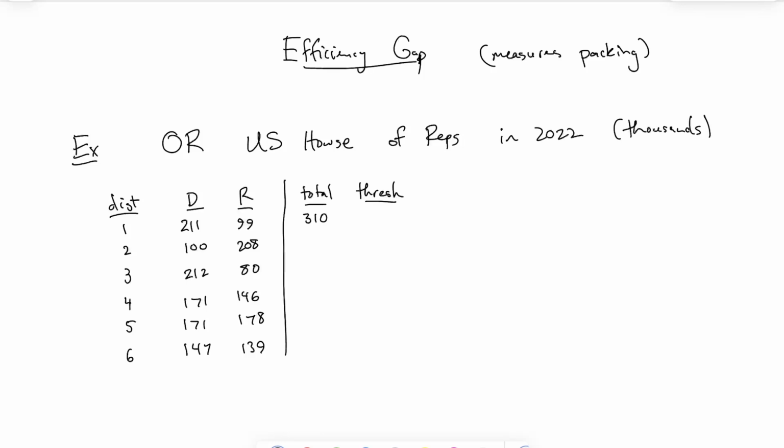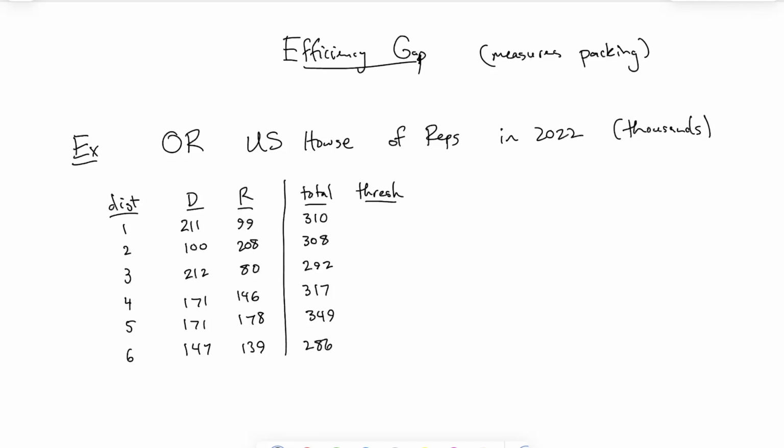On our tests or something, I will give them as simple numbers, although this isn't so bad. The total for District 2 is 308. I could do that one in my head. This one is a 292. The next one I added ahead of time, I got 317. The next one I got 349. And then the last one I got 286. So this is just each time add the D plus the R. Hope everybody sees how I did those.